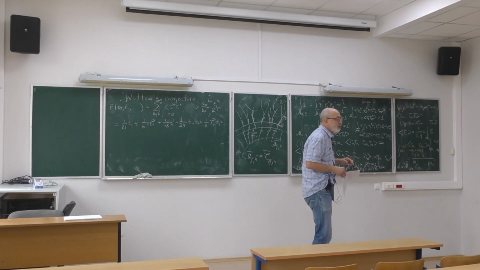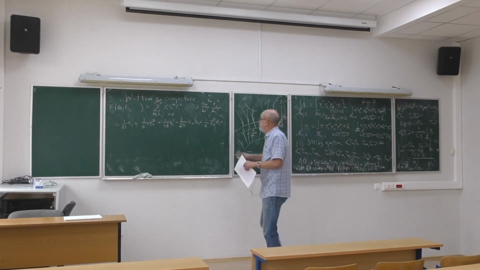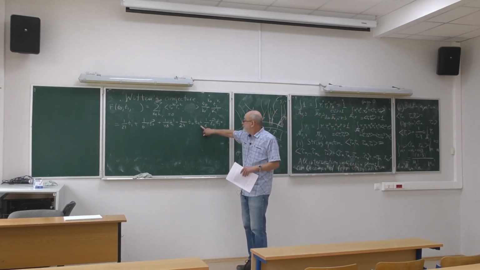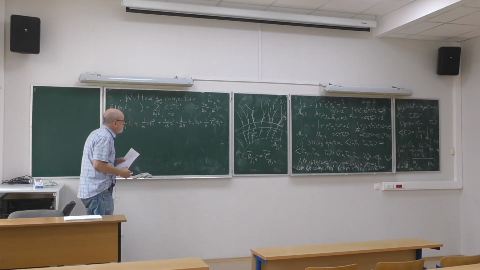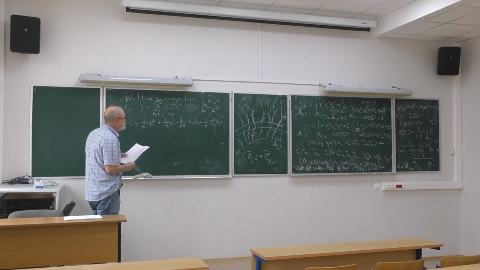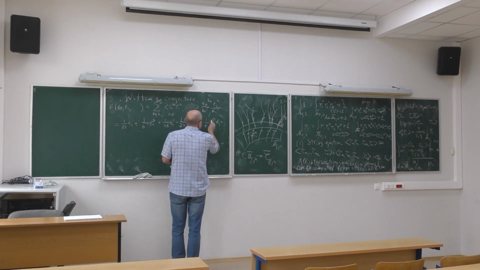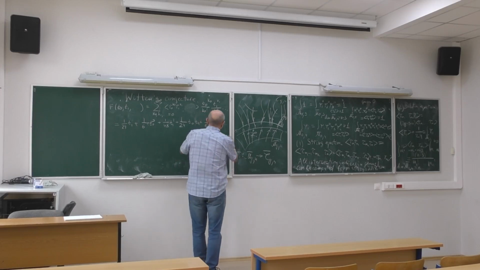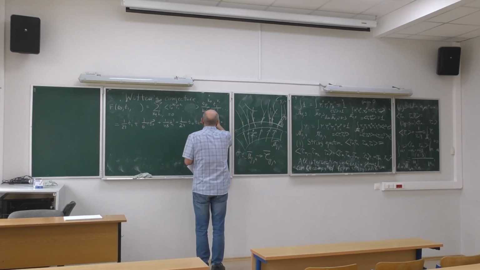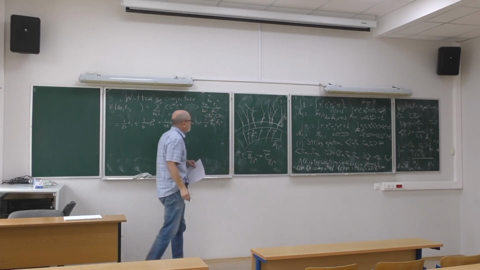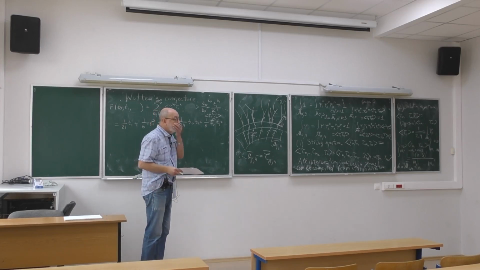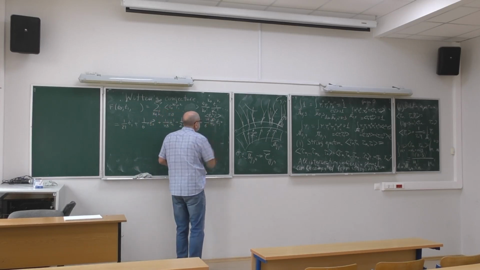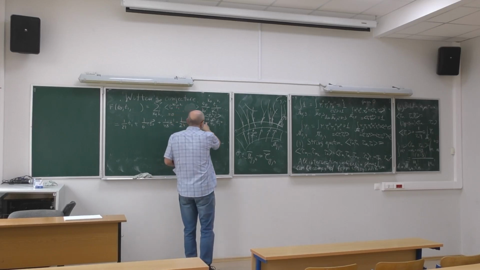This function is a function in variables t0, t1, and so on. Here t0 cubed is in charge of tau 0 cubed, tau 1. So we basically have all the integrals just divided by the right factorials.